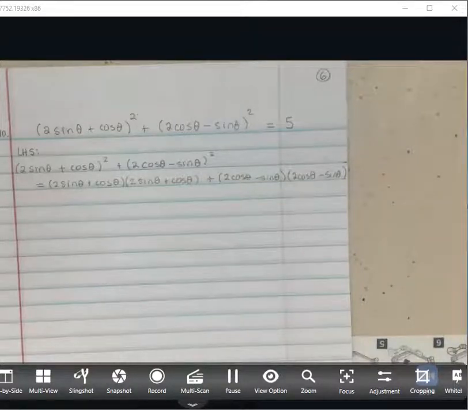First, outside, outside, inside, inside, last. Well, both are back, you're gonna have a string of 8 terms. We'll see if any of them look alike.